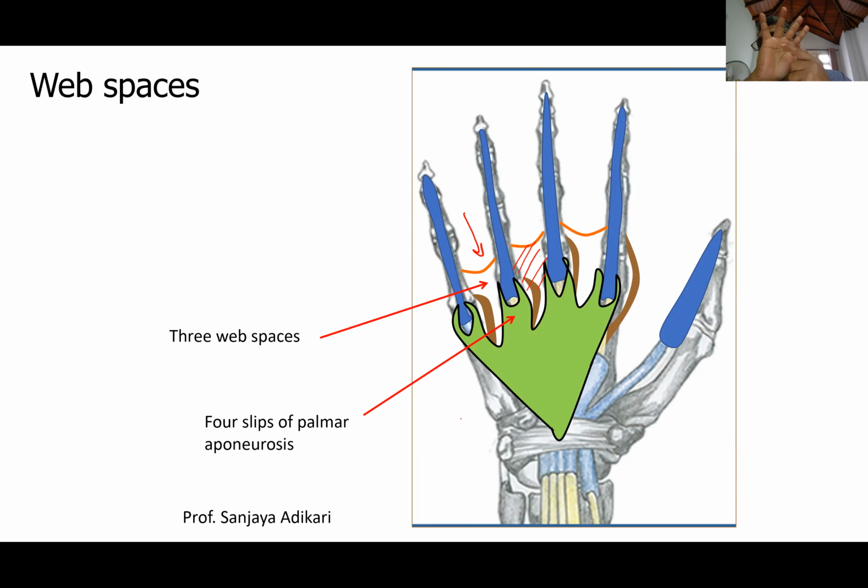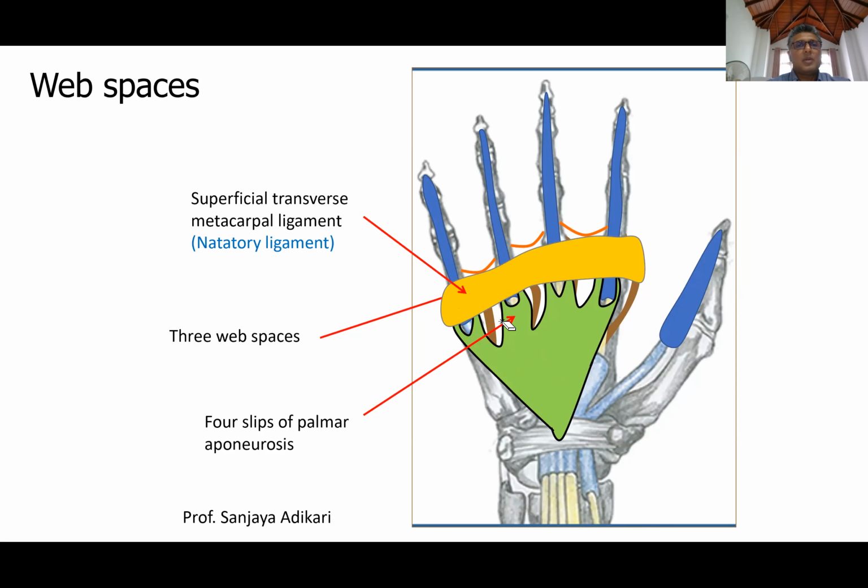The lumbrical canals, which give space for the lumbrical muscles to travel, connect the mid-palmar space to the web spaces. So these 3 are the web spaces. Web space infections can easily spread into the mid-palmar space, or vice versa.